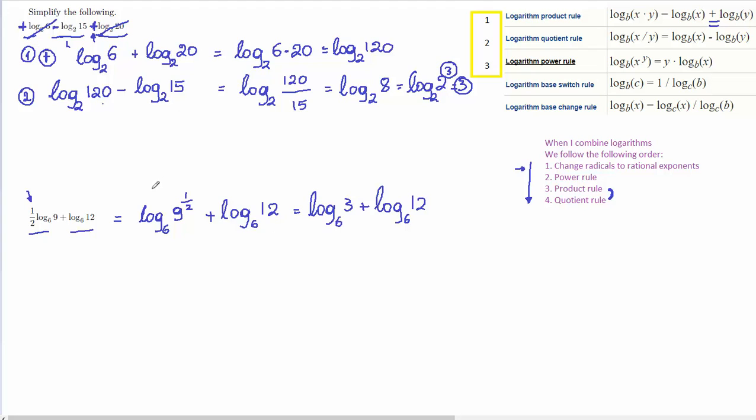So right here I applied the power rule, and at this point I need to apply the product rule.